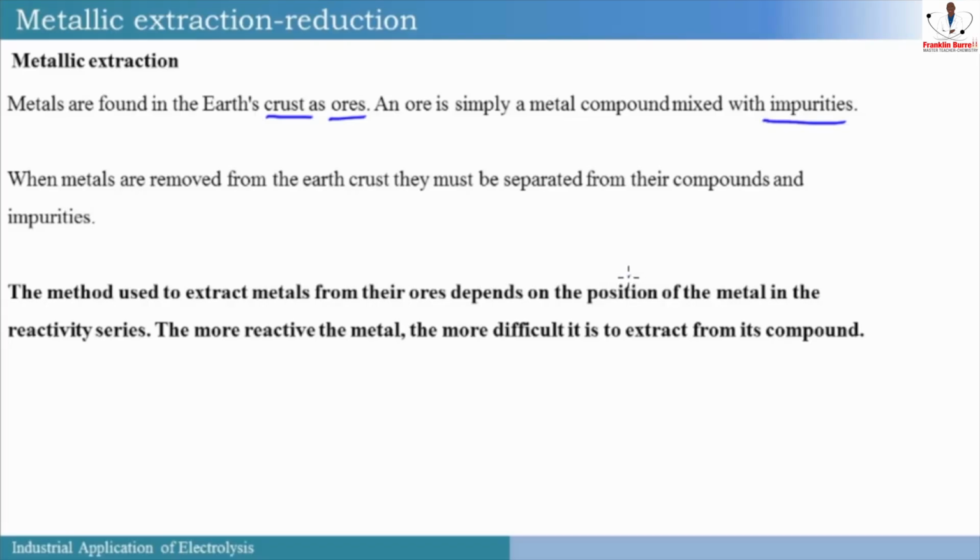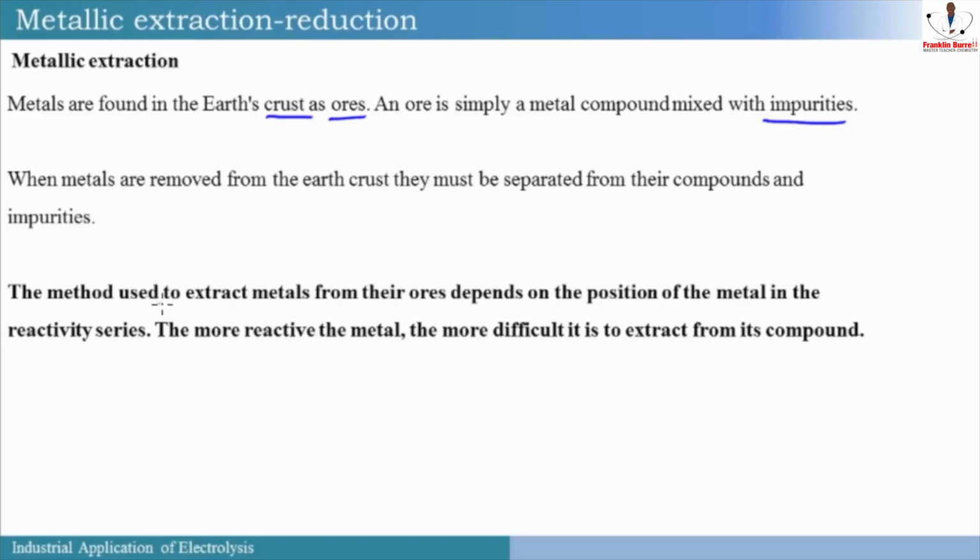Now we will be studying the extraction of sodium from brine, as well as the extraction of iron from iron oxides. Now this topic will be done in section C of the syllabus. For now, we are just interested in the principles behind the extraction process.